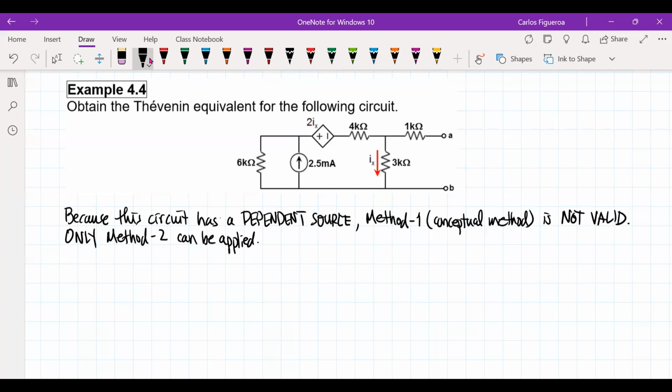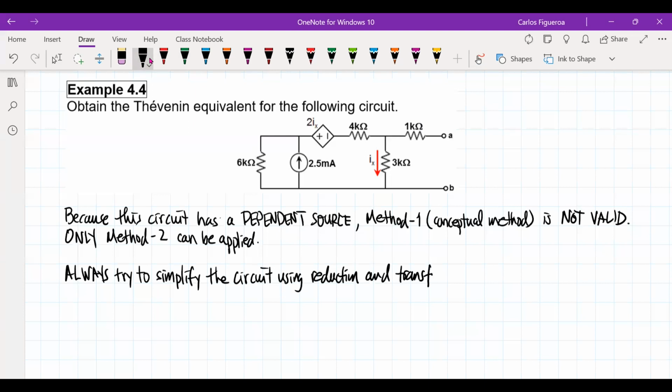So as always, try to simplify the circuit. So always try to simplify the circuit using reduction and transformations, source transformations.